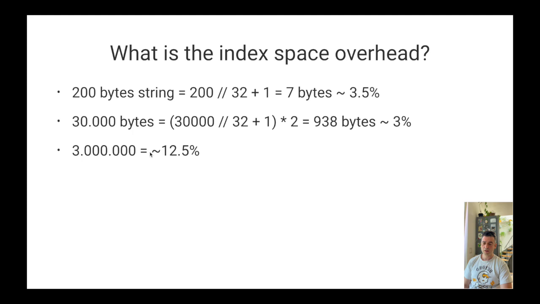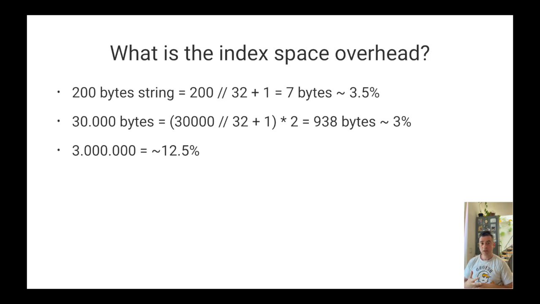If we have 3 million, then we actually have 12.5%, which is a little bit more. And if we went even further, where we can't represent the indexes in 4 bytes but would need 8 bytes, then I think it would be even 25%.